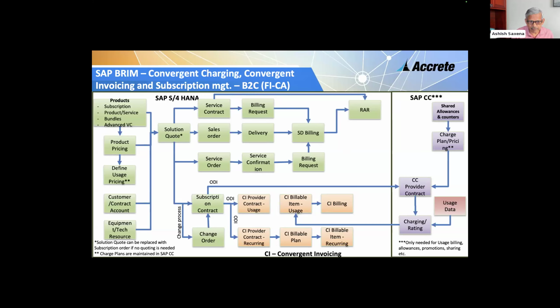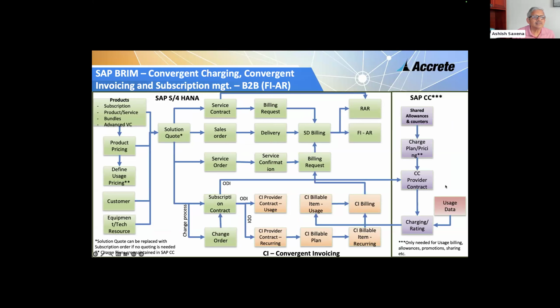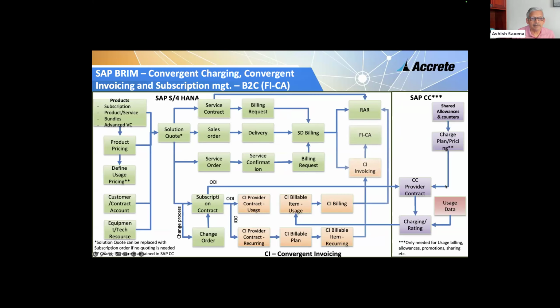This is probably a preferred method if you were doing B2B versus B2C. So the key difference here is, sorry, I went to the wrong place. Yeah. So you see the convergent item, billable recurring item, convergent billing item, all use convergent invoicing, SD billing, whether it's a solution for a service contract or a physical shipment or billing request.